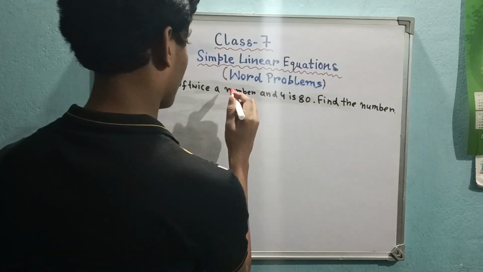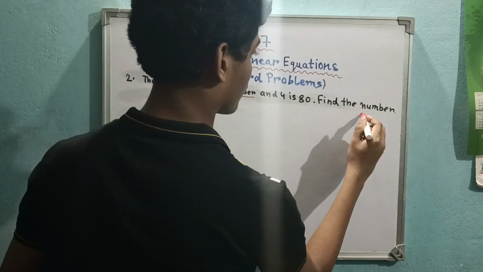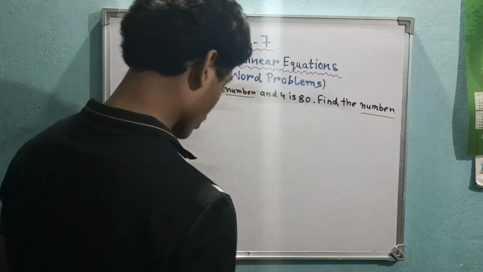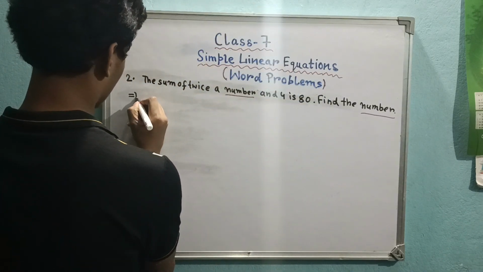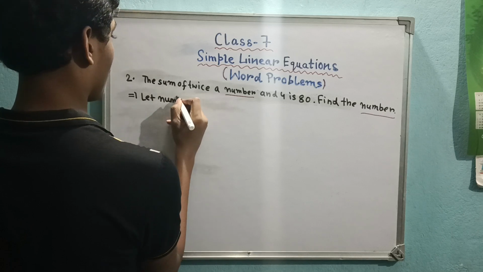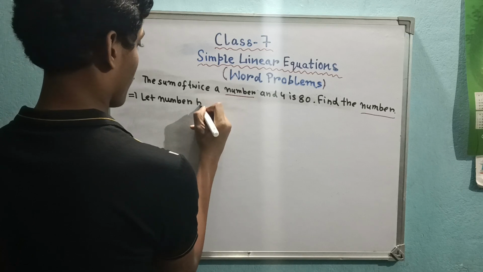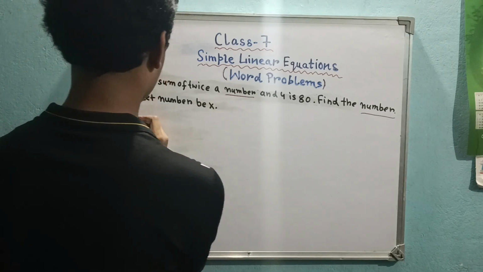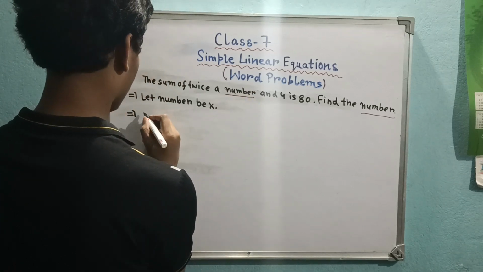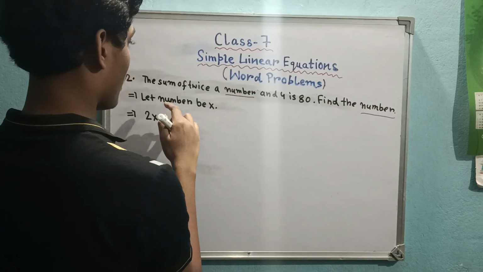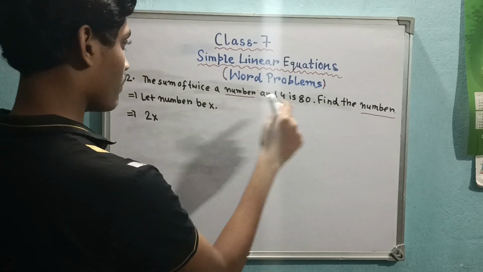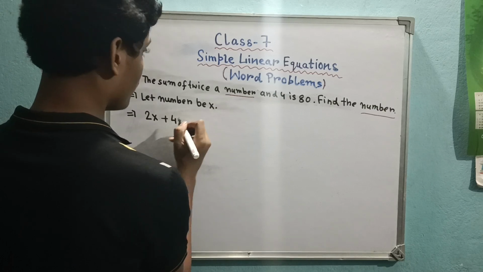This thing. So the thing we have to find, we have to take it as x. So let the number be x. And according to the question, twice of a number means 2x. Sum of twice of a number and 4 means 2 into x plus 4. This is equal to 80.